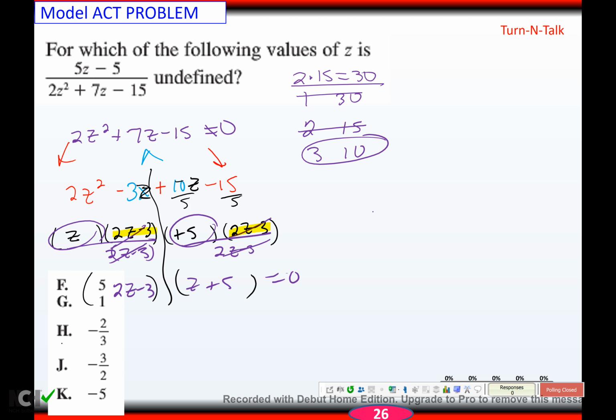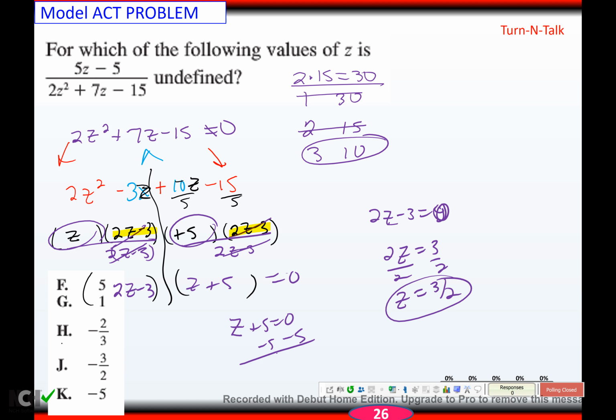If I solve those, I get 2z minus 3 equals 0, which would give me 2z equals 3, which would give me z equals 3 halves. That answer isn't there. So my second one would say z plus 5 equals 0, so minus 5 minus 5, z equals negative 5. Okay?